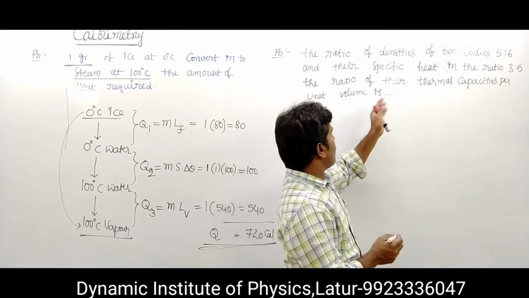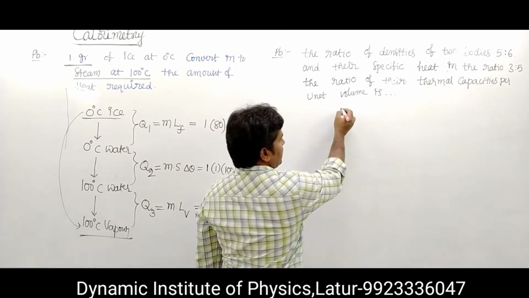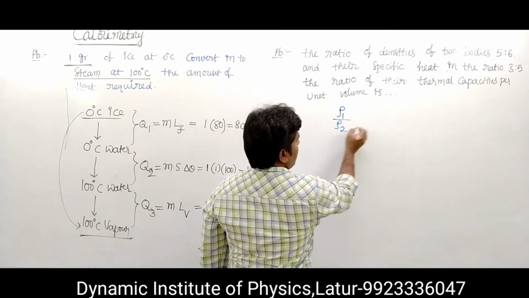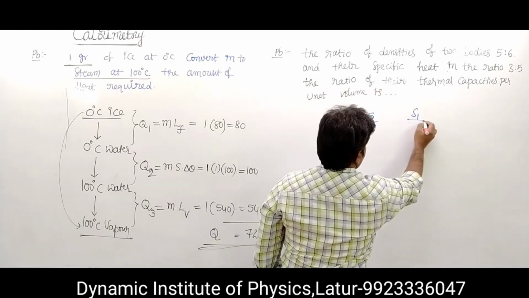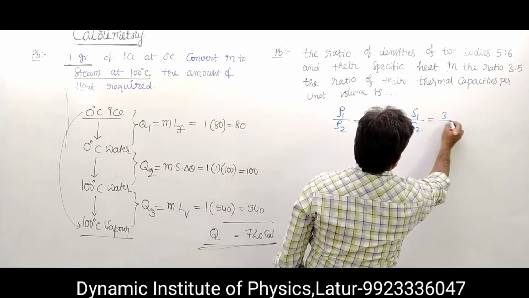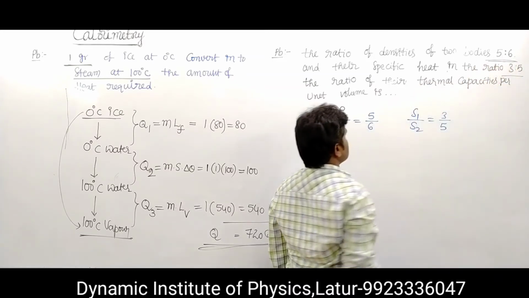Now in the second problem, the ratio of densities is given: density ratio ρ1 upon ρ2 is 5:6. And the specific heats S1 by S2 is 3:5. So the ratio of specific heats and densities are given.